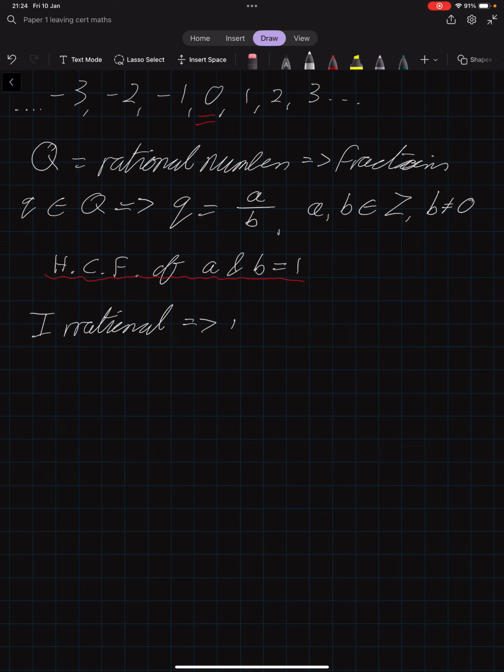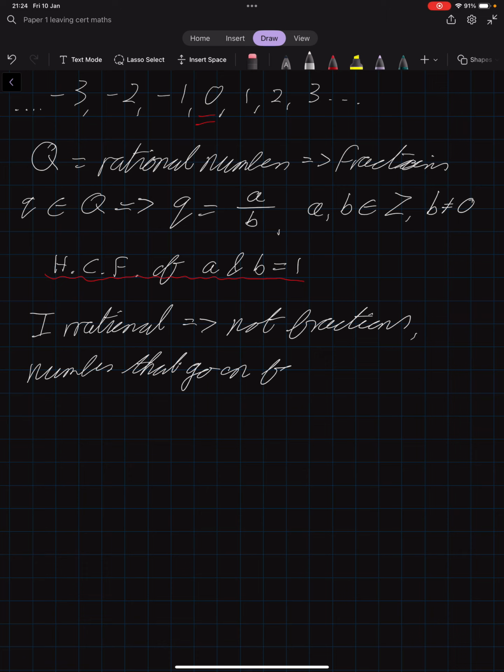This is just not fractions. Or in other words, numbers that go on forever and never repeat.